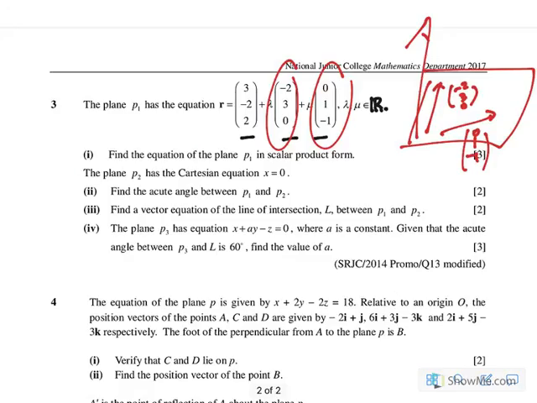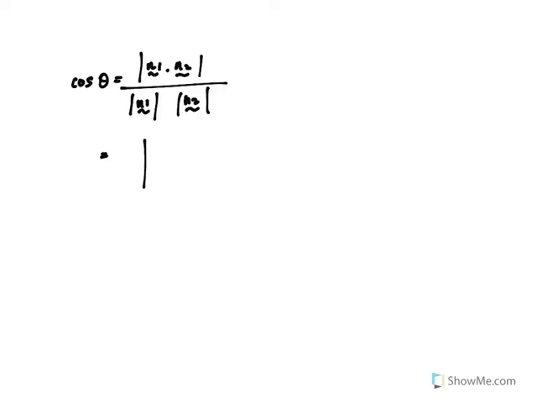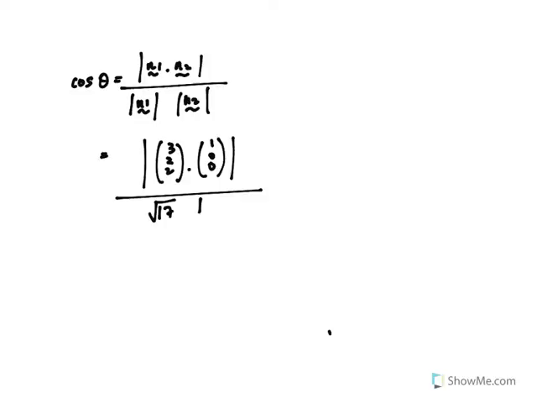And how about part 2? Part 2, find the acute angle between plane 1 and plane 2. So this is easy, right? A very standard question. When you want to find the angle between plane 1 and plane 2, there is a standard formula: cos theta is the modulus of the dot product of the two normals, divided by the product of their magnitudes. The second one must be square root 17 and square root 1.